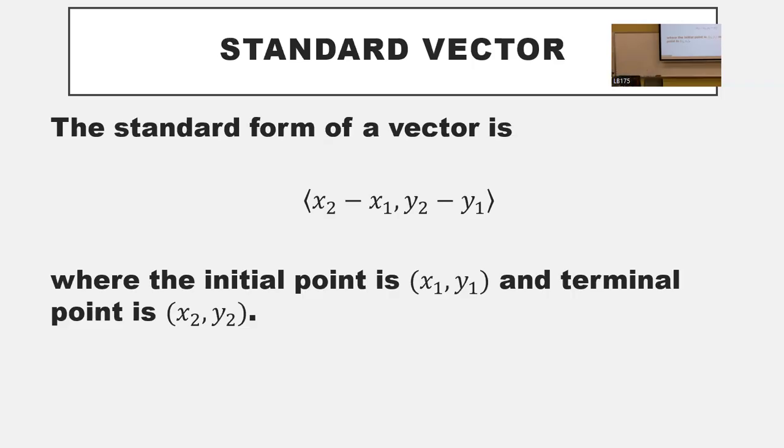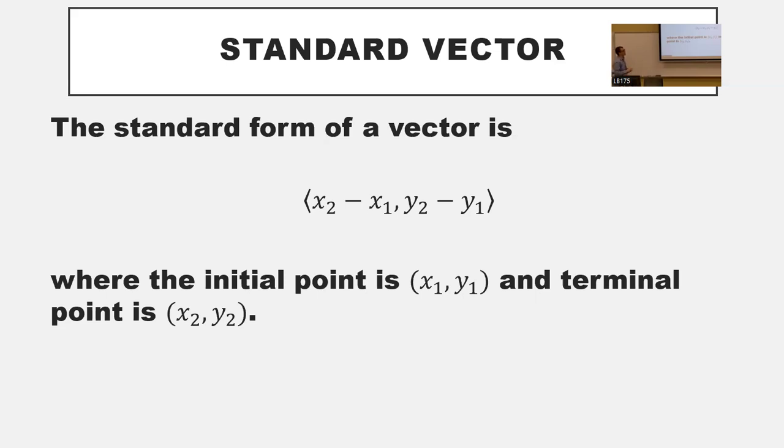Now we'll very quickly translate everything into standard form. The standard form of a vector, well, one of the standard forms, is going to be this. It's going to be how far we traveled in the x direction, comma, how far we traveled in the y direction.